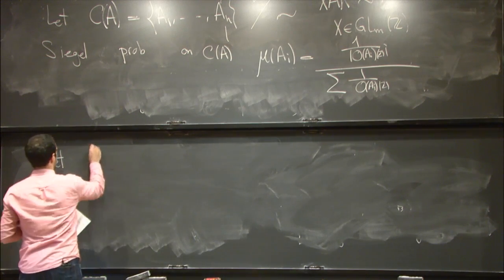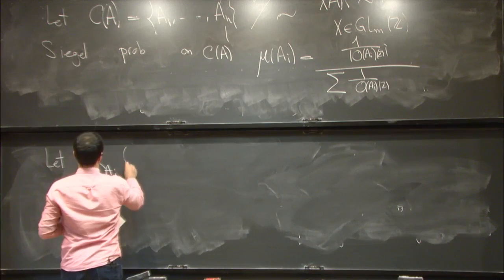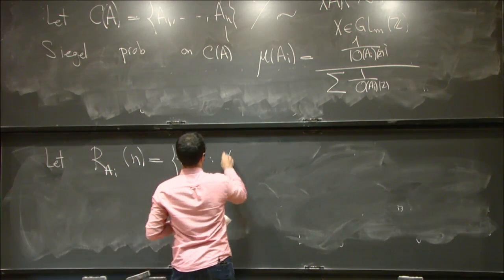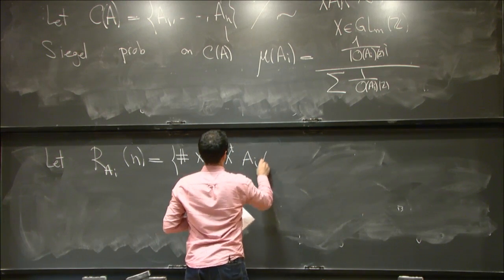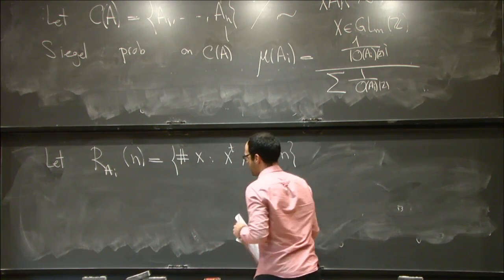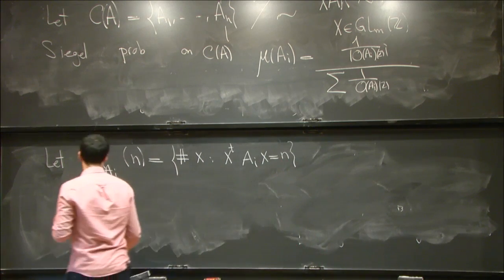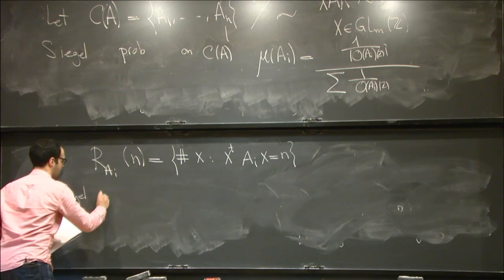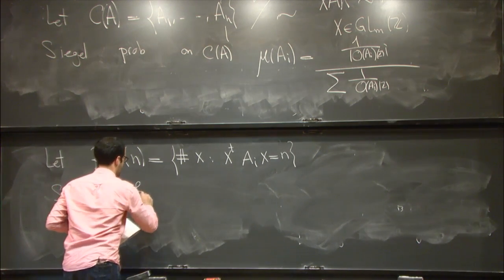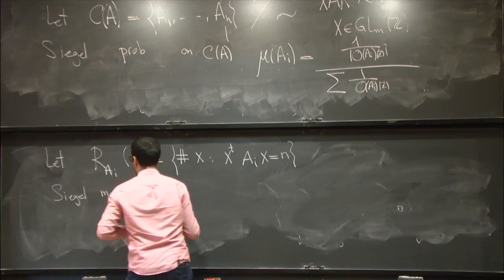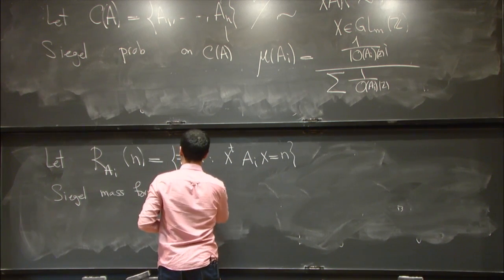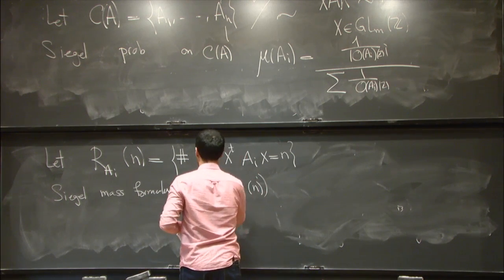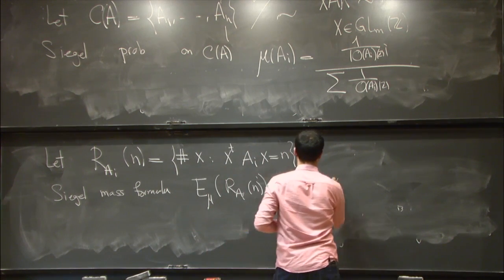I still need to define R_{A_i}(n) to be the number of x's such that x transpose A_i x is n, the representation number of n by A_i. So Siegel gave a formula. This is now the Siegel mass formula, which is the expected value of this number with respect to mu, a product of local densities.